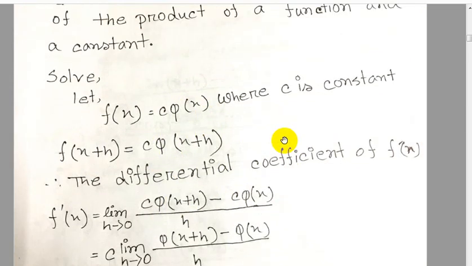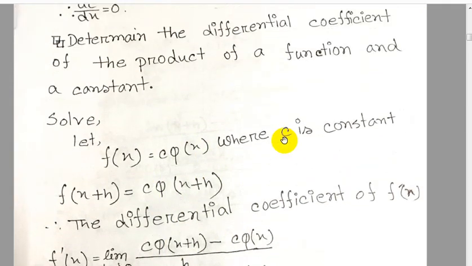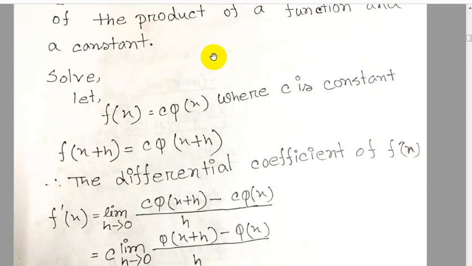Okay, now let us look at another example where we'll determine the differential coefficient of the product of a function and a constant. That means we consider f of x as our defined term, which is equal to the product of a function and a constant.